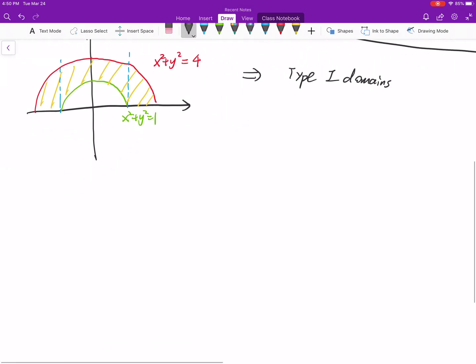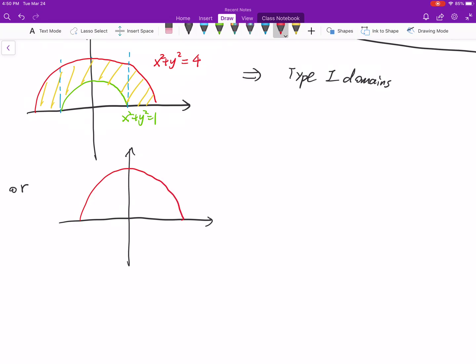You can do some calculation, or someone may prefer type 2 domains. You can do the corresponding cutting here.